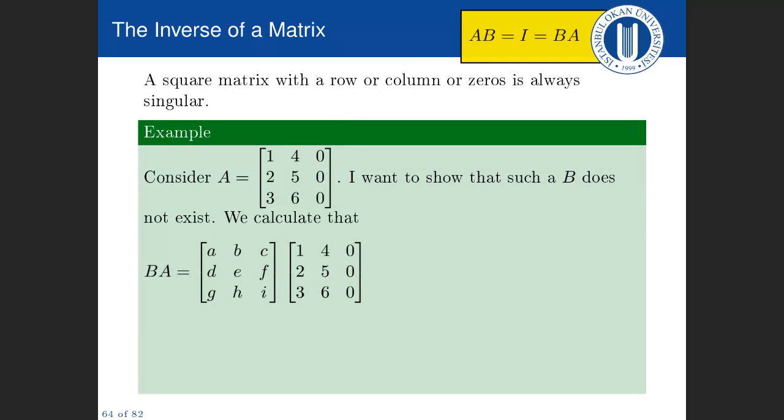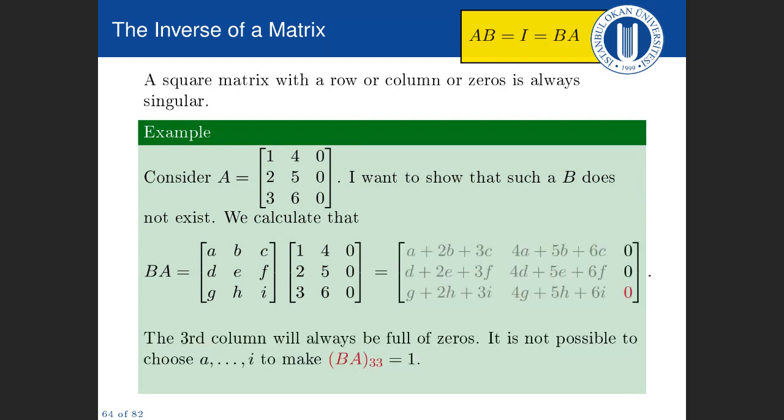So I'm going to start by multiplying the 3 by 3 matrix A, B, C, D, E, F, G, H, I by capital A, and I'm going to look to see what I get. The first two columns I'm not interested in, so I've written these in grey. The third column goes 0, 0, 0. The third column is always going to be full of zeros. It's not possible to make this the identity matrix.